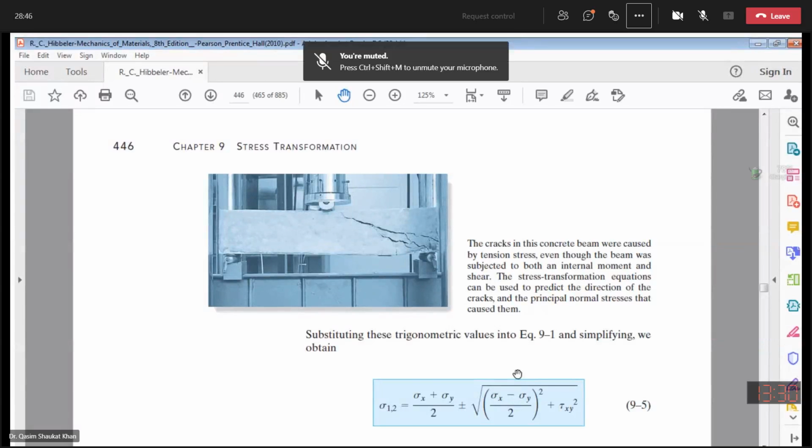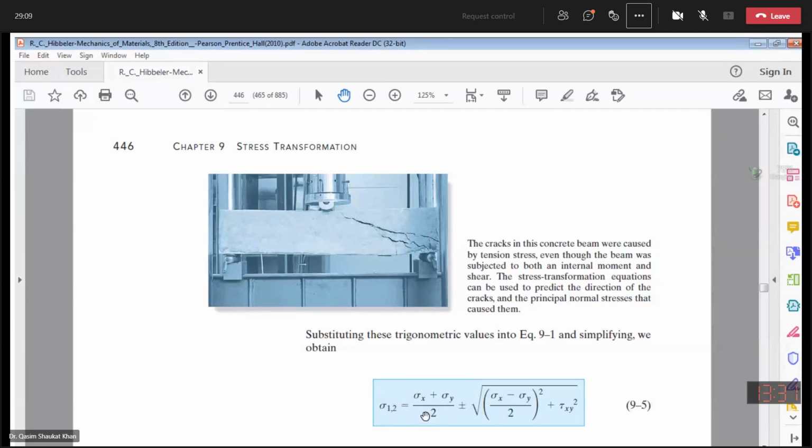You will get two values of the transformed normal stresses. Because you are putting the orientation of the principal planes, you will get the major principal stress and minor principal stress.